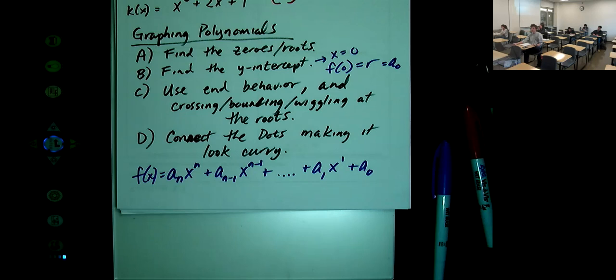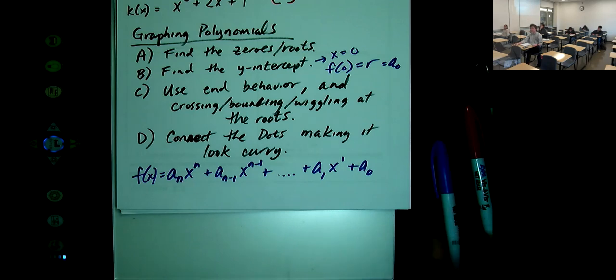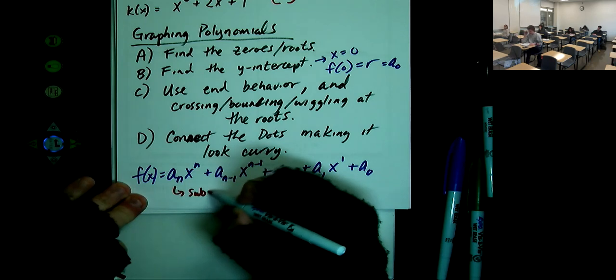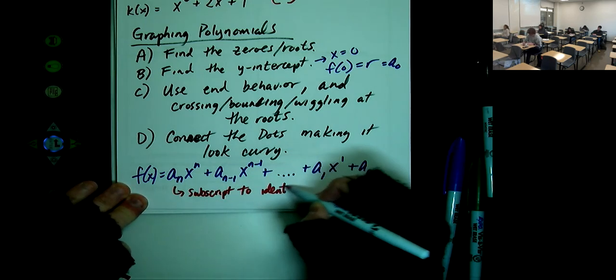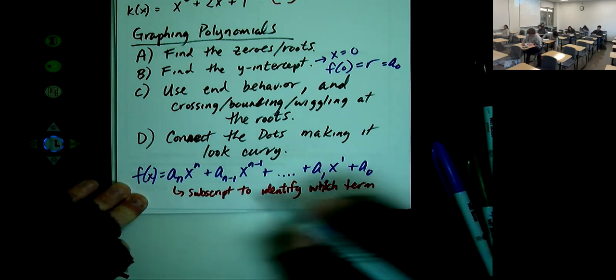What does the n being below the a do? It's a subscript. It's just to identify which term it is a coefficient for.